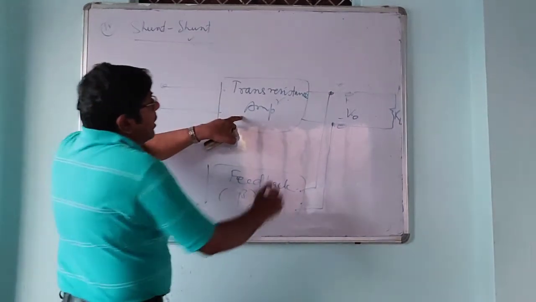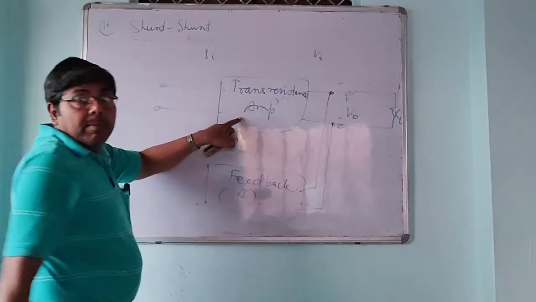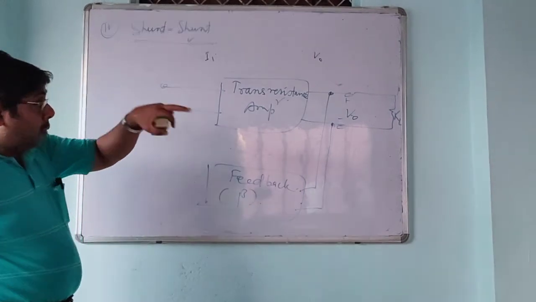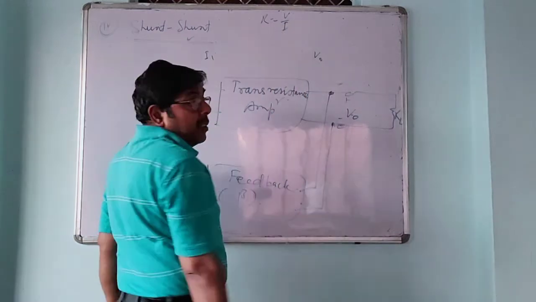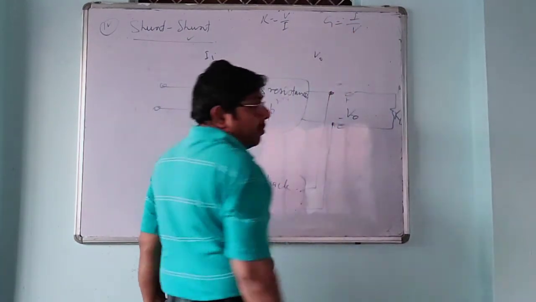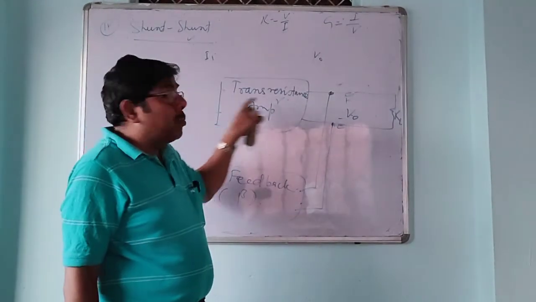Obviously trans resistance amplifier means output is voltage and input is current. Trans resistance means voltage upon current. Conductance means current upon voltage. So trans resistance means output is voltage, input is current.